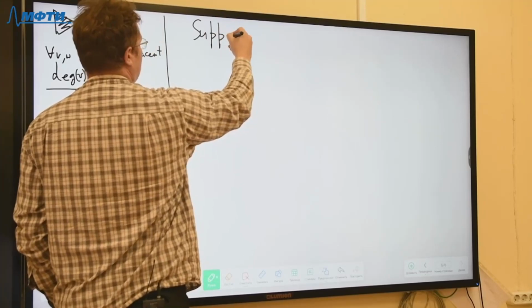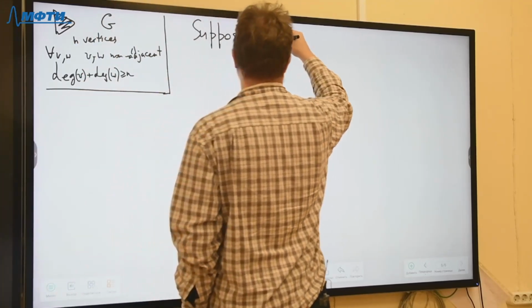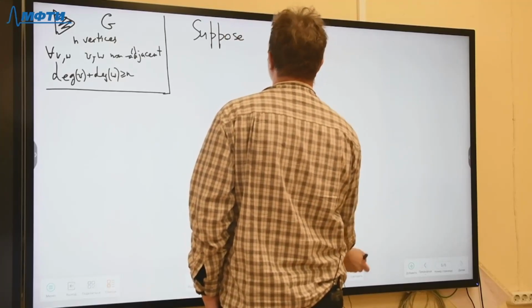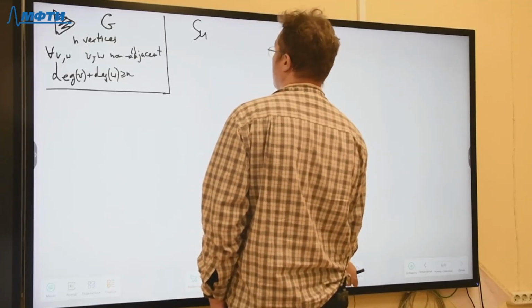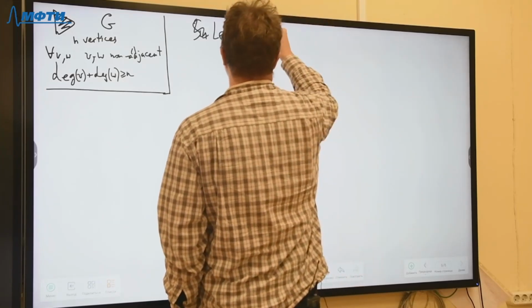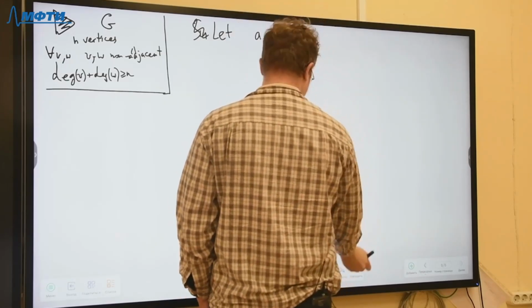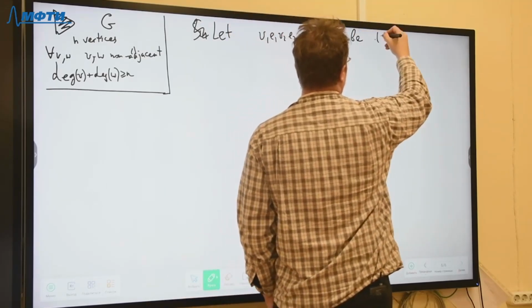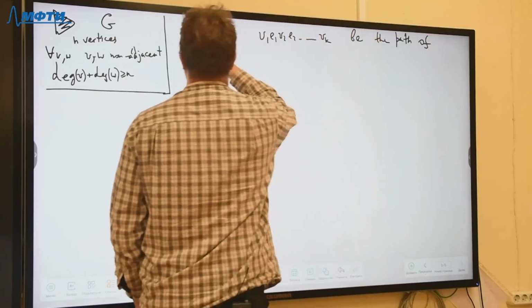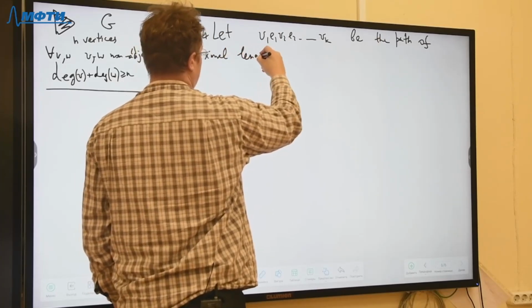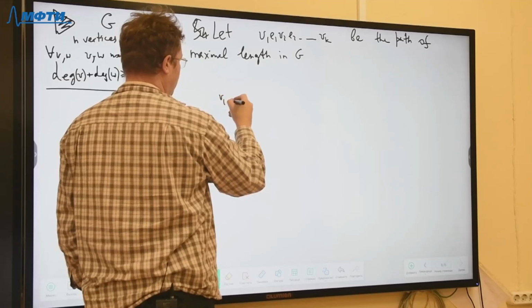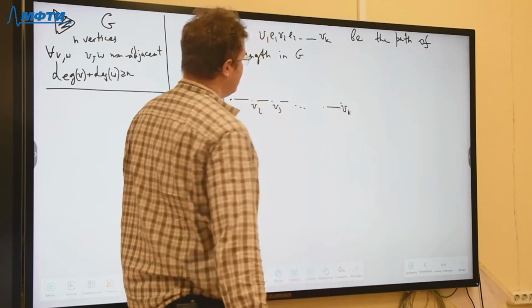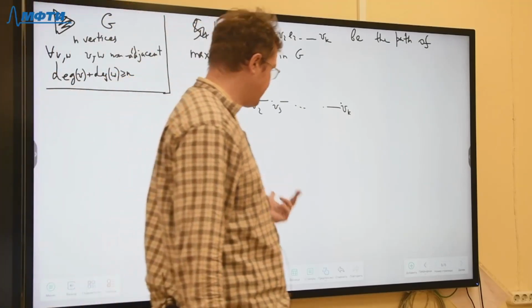Let V1, E1, V2, E2, and so on up to Vk be a path of maximal length in G. So we have V1, V2, V3, up to Vk, and this is a path of maximal length, so we don't have a path of length k plus 1.